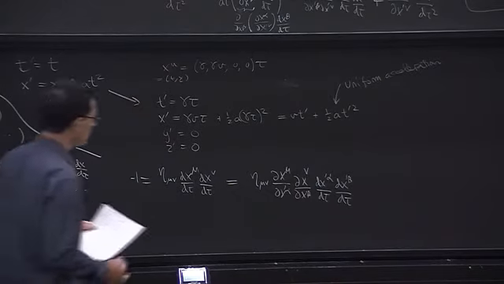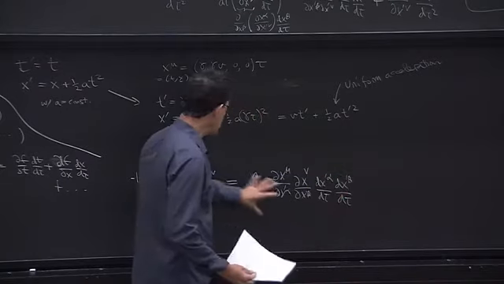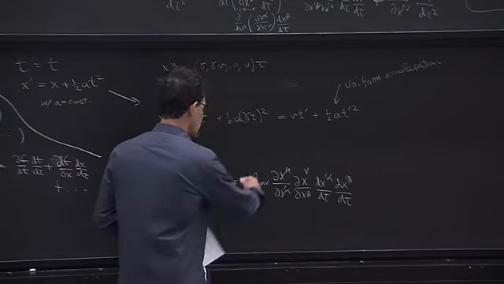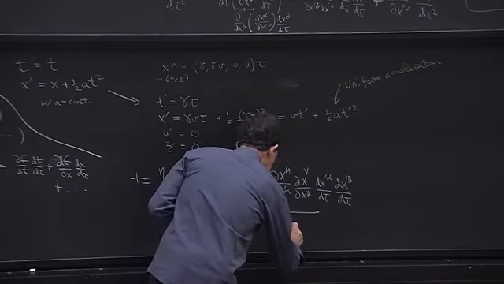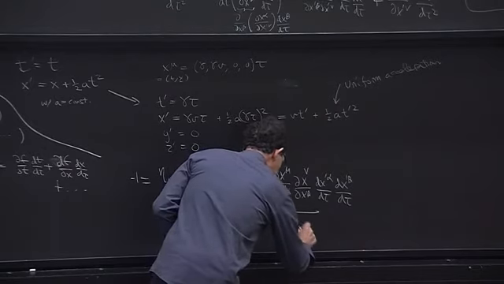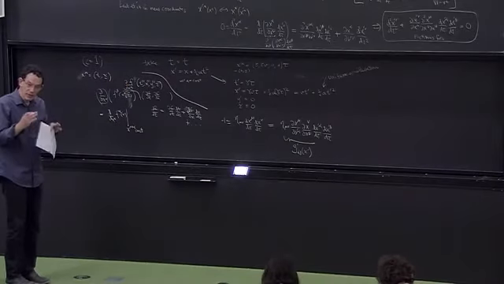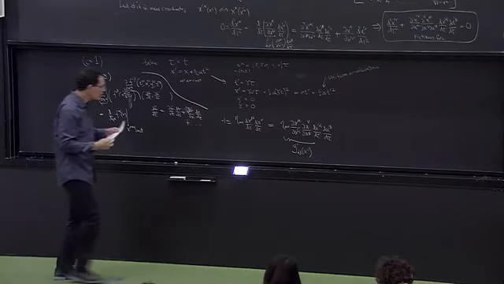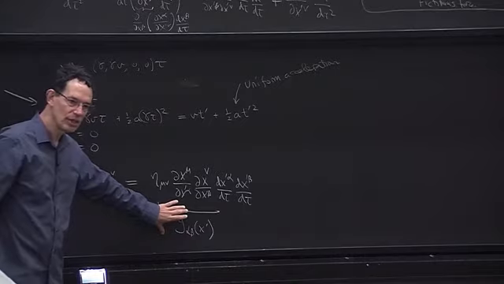So that is saying that in the new coordinate system, the quantity playing the role of eta is actually this. This is G prime alpha beta of x prime. So in the new coordinate system, the particle is time-like again, but it's not time-like measured with respect to eta. It's time-like measured with respect to this G.